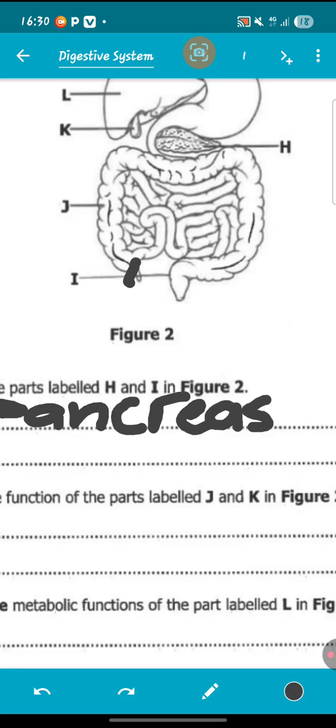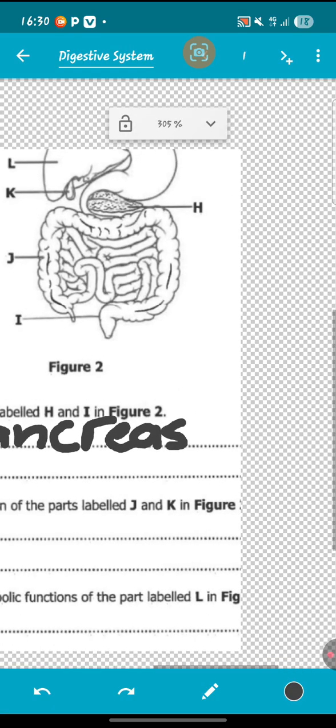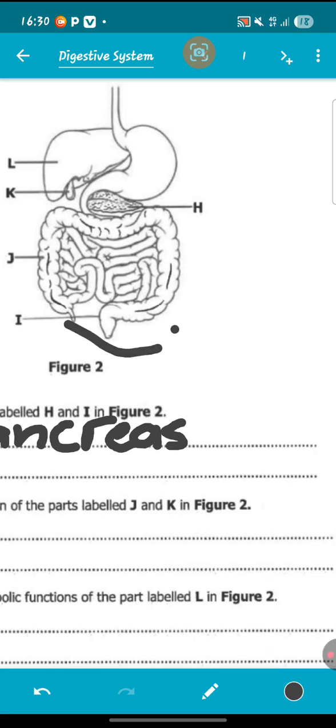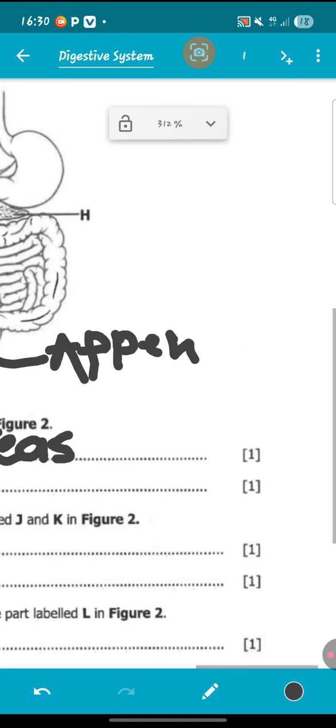This part is called appendix. You don't have to confuse yourself. Appendix.